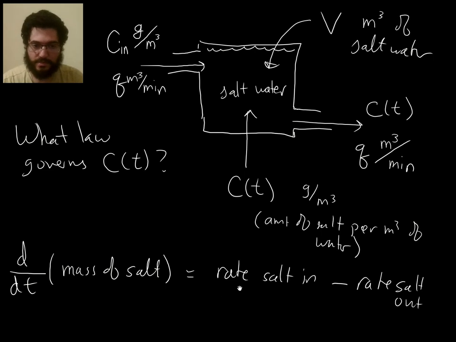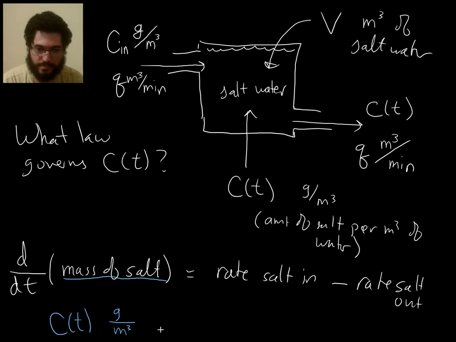All right, so what is the total mass of salt in the tank, first of all? Let's start with this. How many grams of salt are in the tank at any given time? Well, the tank contains C of T grams of salt per cubic meter, right?